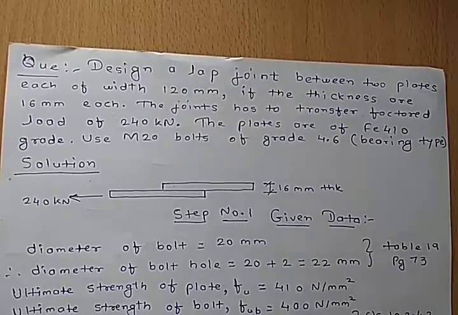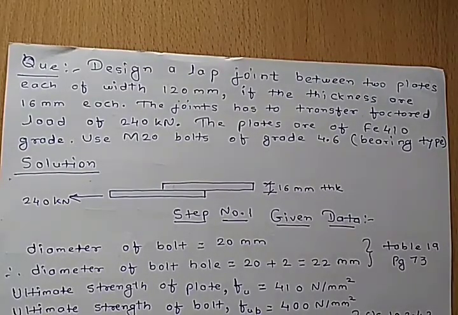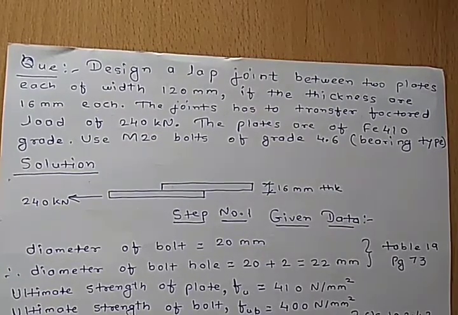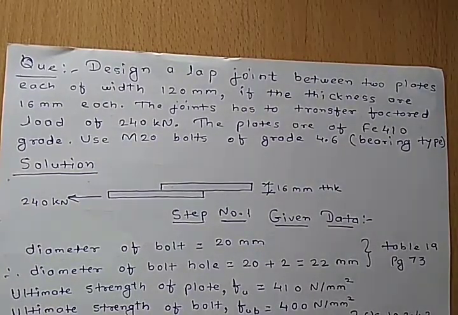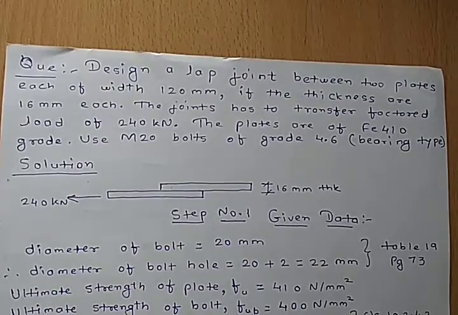The joint has to transfer a factored load of 240 kN. The plates are of Fe410 grade. Use M20 bolts of grade 4.6, bearing type. So accordingly, we can go to the solution of this plate connection.